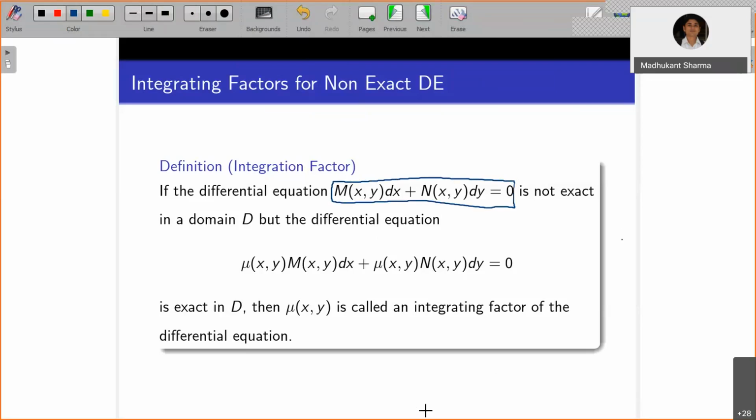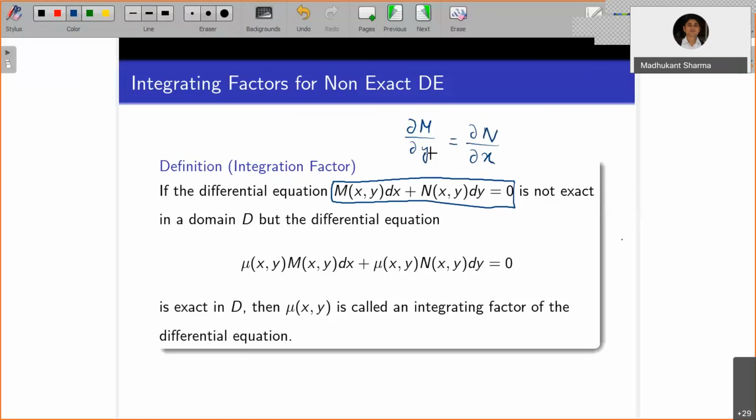It can be specified by a criterion: if ∂M/∂y equals ∂N/∂x, then the equation is said to be an exact differential equation. And if they are not equal, then we say that it's a non-exact differential equation.